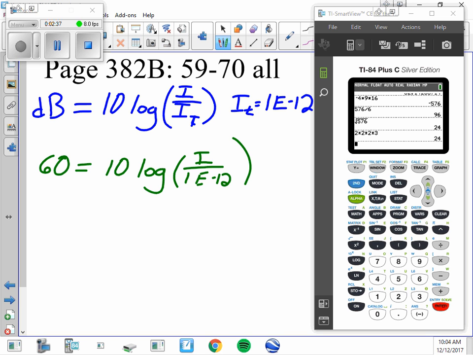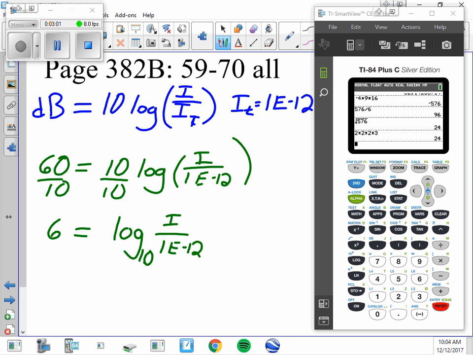Divide by 10, and I get 6 equals log of I over 1e negative 12. Now we convert to exponents. So 10 to the 6th is equal to I over 1e to the negative 12.